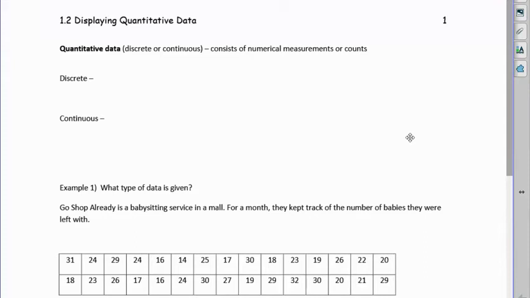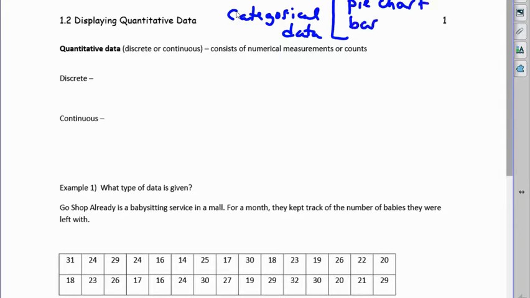Okay, we have looked at categorical data, and in past lessons we saw that we could do certain types of graphs, such as a pie chart and a bar graph.